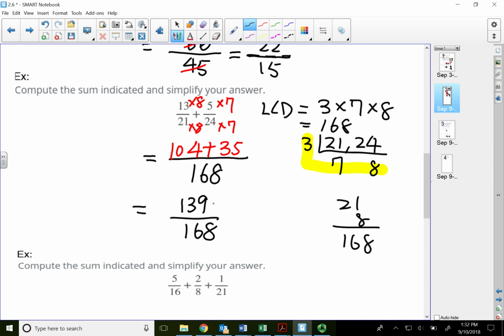Let me try 168. Let me think about 168. I know 2 can go into it. Divisibility by 3: 9 plus 5. Okay, so 3 can go into 168.